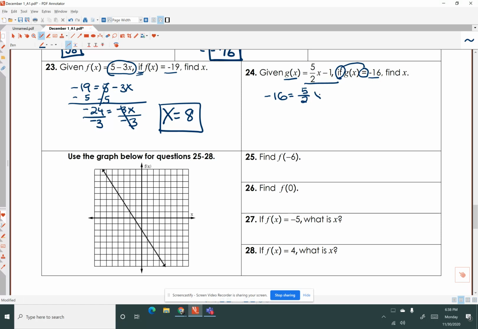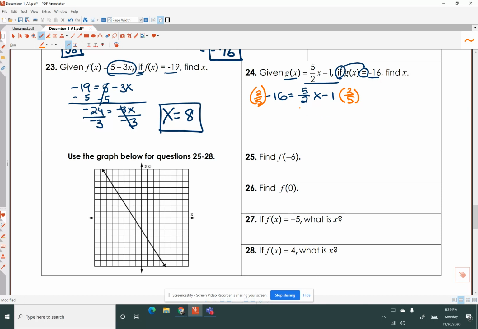5/2 x minus 1. So we'll multiply both sides by the reciprocal of 5/2, which would be 2/5. So multiply this by 2/5 and 2/5.